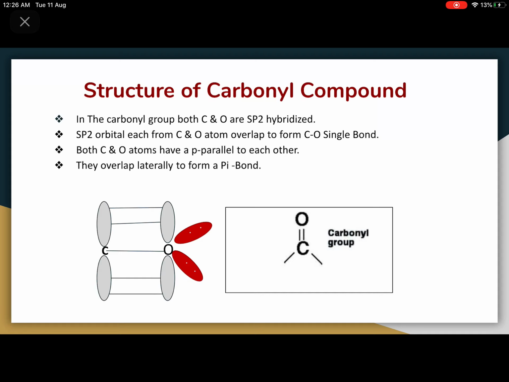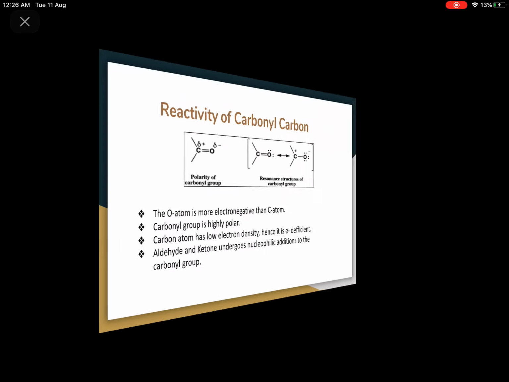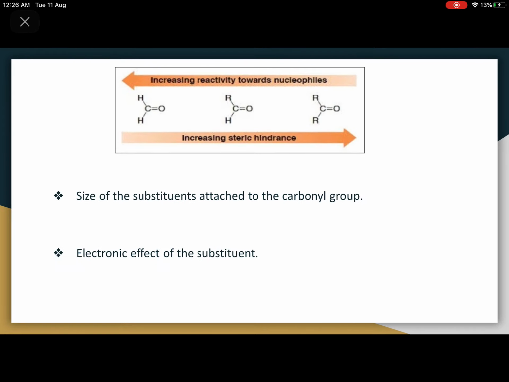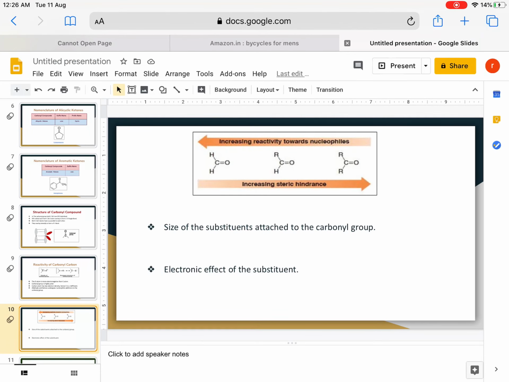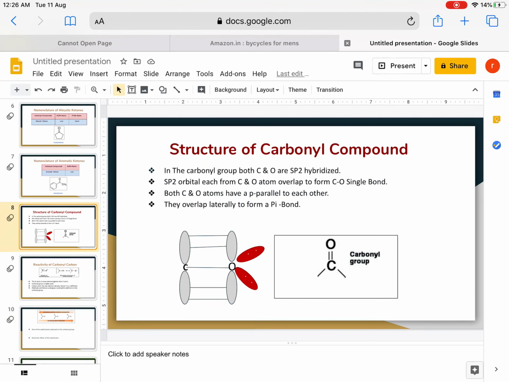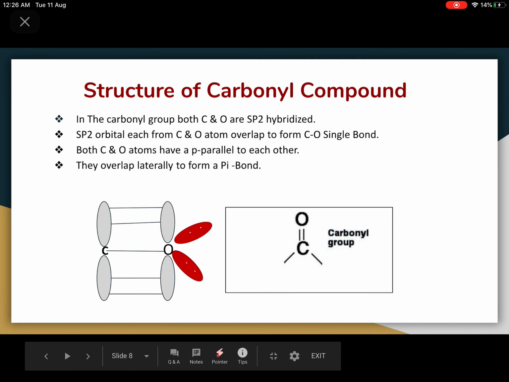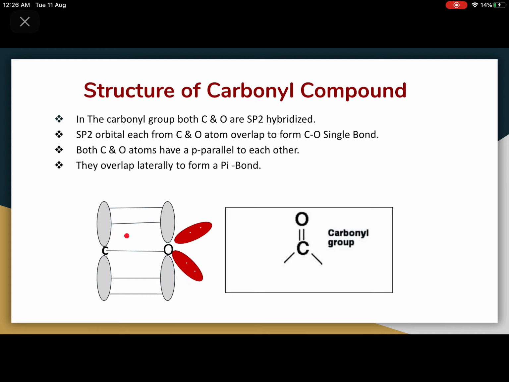Now I am going to teach you the structure of the carbonyl compound, how the carbonyl group is formed. As you can see in this diagram, in the carbonyl group both the carbon and oxygen atoms are sp2 hybridized.